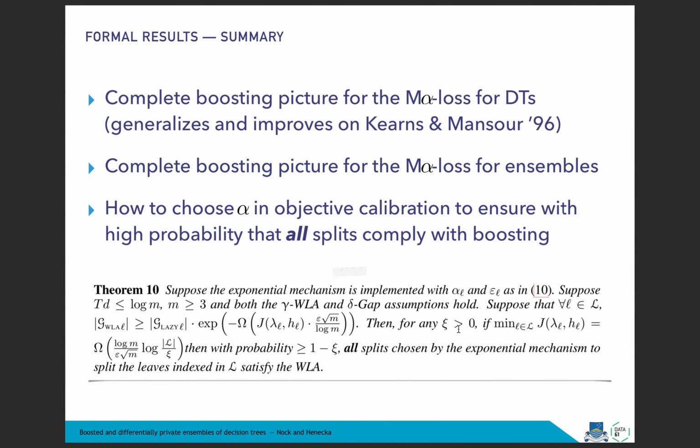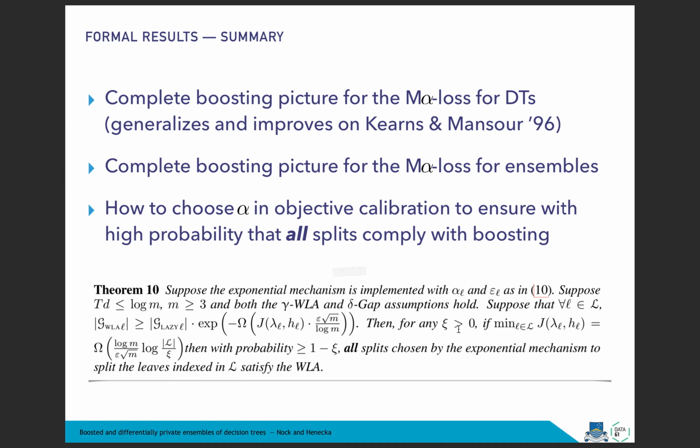The summary of our theoretical results is as follows. We first give a complete boosting picture for the M alpha loss, so taking into account all ranges of values for alpha, which generalizes and turns out to improve the results of Kearns and Mansour. We also have a complete boosting picture for the M alpha loss when we boost ensembles of classifiers, decision trees in our case.